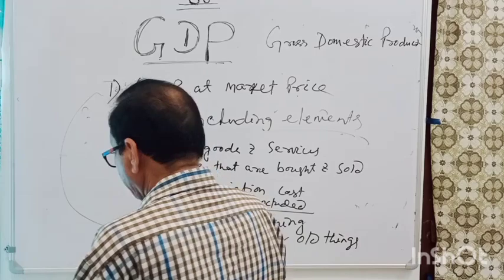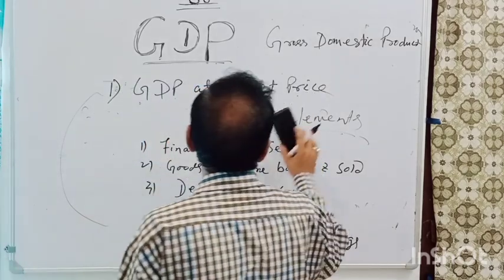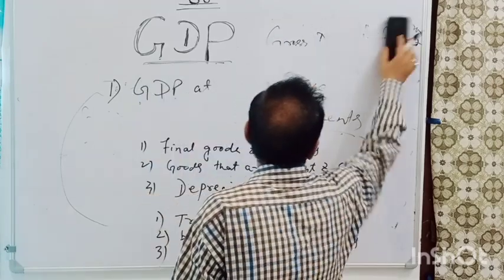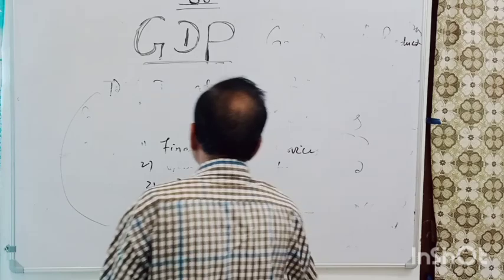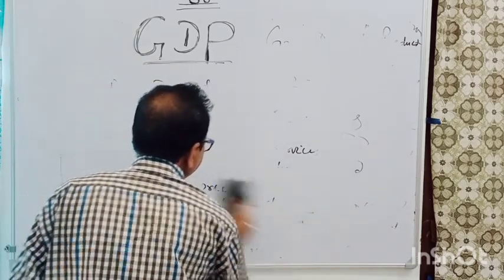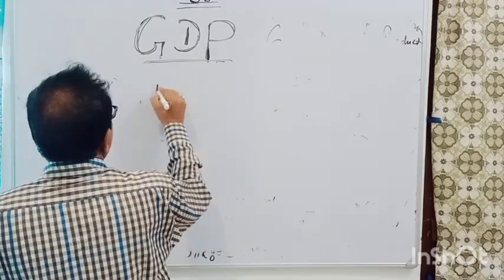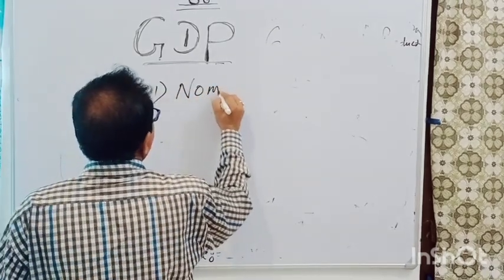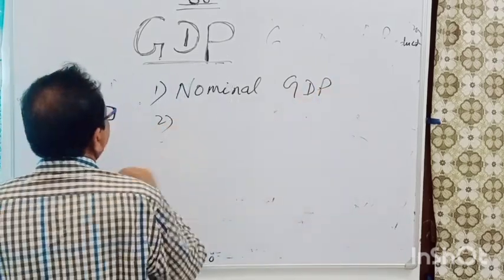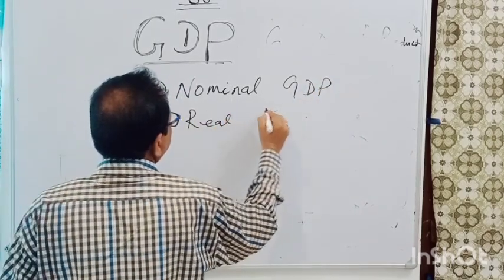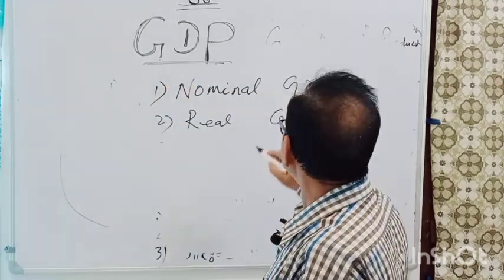Actually GDP is of two types. One is nominal GDP and another is real GDP. What is nominal GDP?